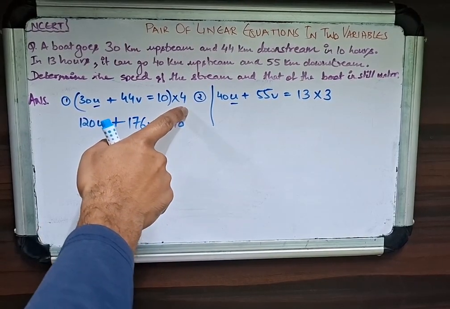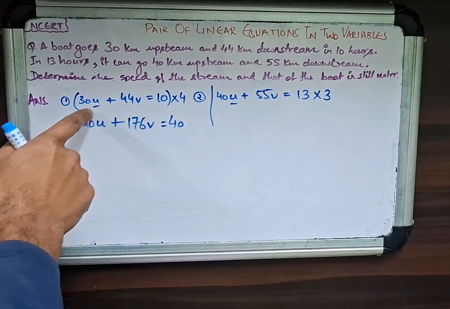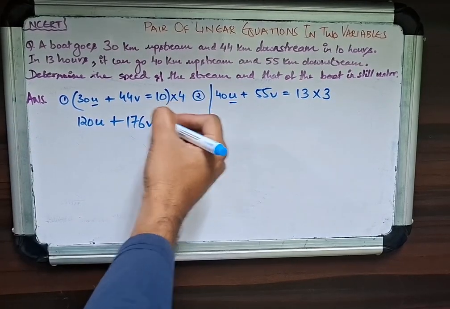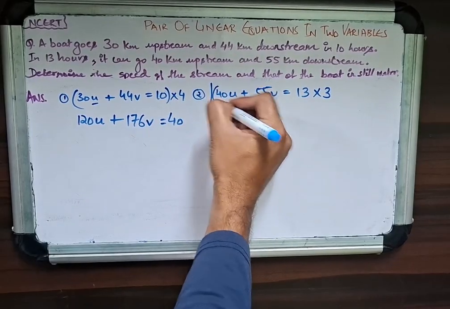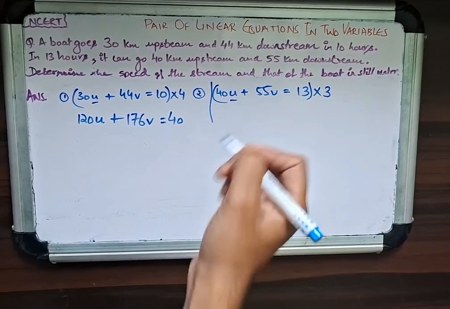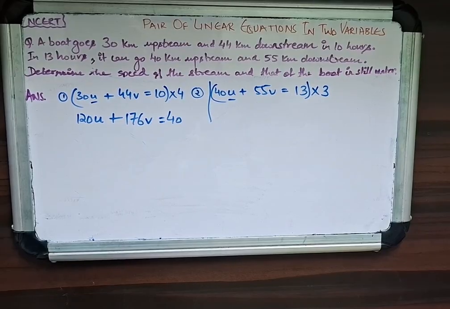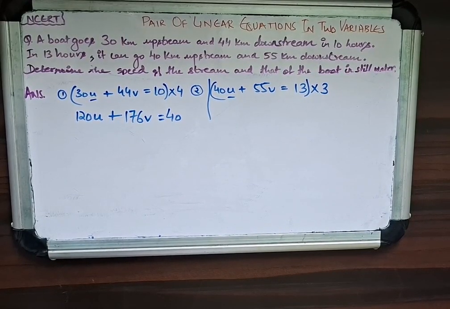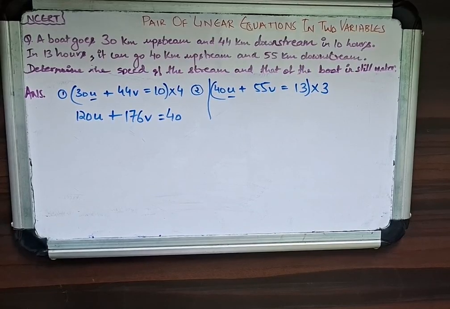Remember, you have to multiply all the terms in the equation with 4. Hence putting a bracket helps so that we don't forget or miss out on multiplying all the terms in the equation.